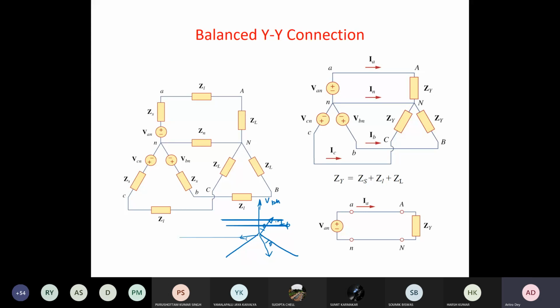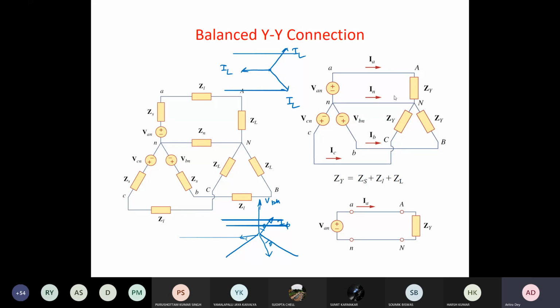Then the sum of these currents will always be zero, as we can see from here. The same value currents are 120 degrees apart, IL, IL, IL, and then of course the total current IN will be equal to zero, right?